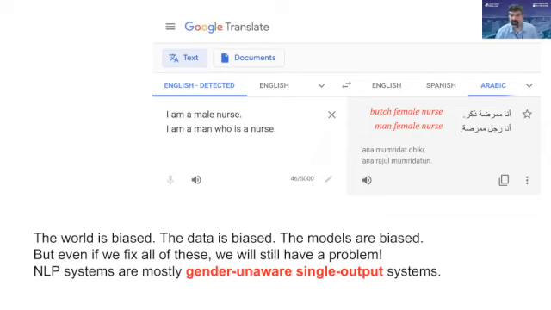They try the reverse, you get really weird output. I'm a male nurse, أنا ممرضة ذكر. That sounds horrible. Or أنا رجل ممرضة, which doesn't make a lot of sense. Or it could even be read, I'm the foot of a nurse, which doesn't make any sense either, right? So something is kind of odd here, right?